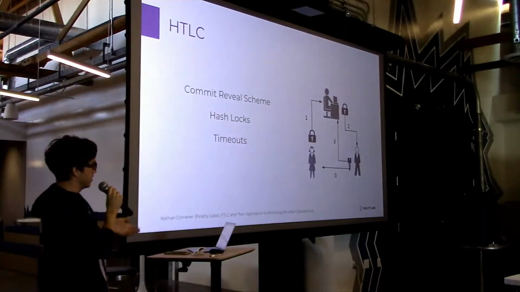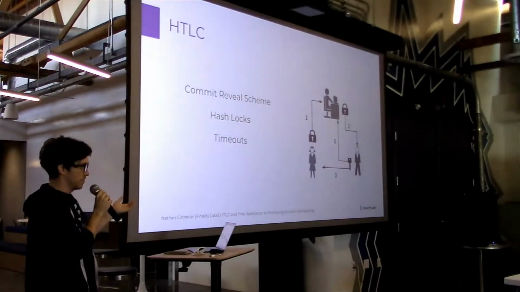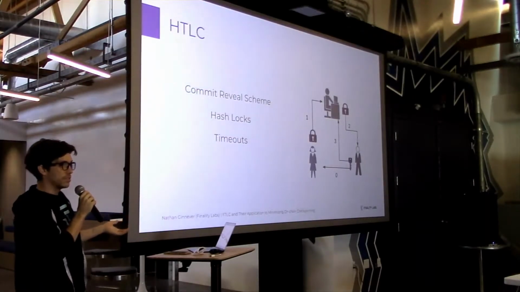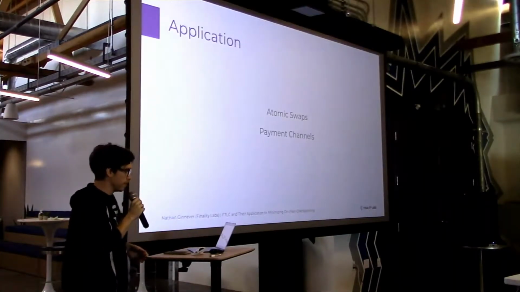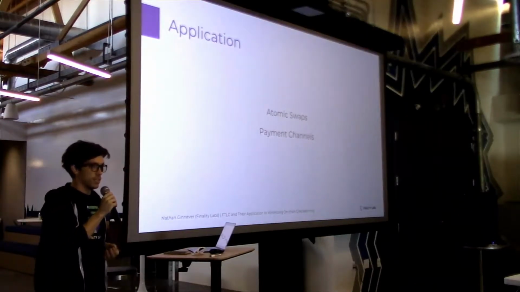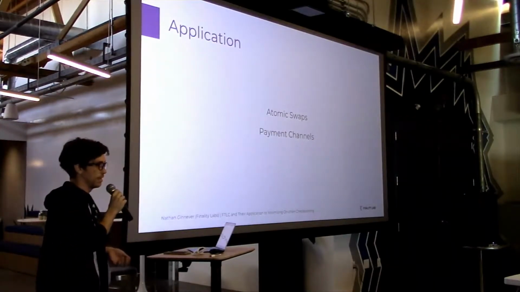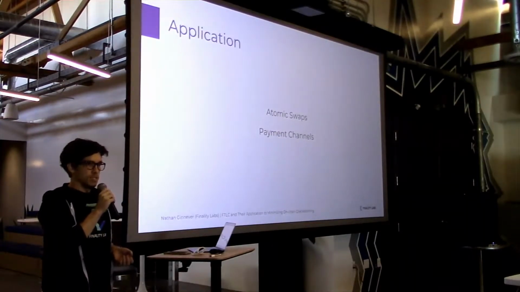So Bob's incentivized to reveal the secret to the intermediary so that he gets his funds, which then gives the intermediary the lock to get their funds back. And of course there's timeouts to that as well. So you can use this for a few things. You can use this for exchanges, decentralized atomic swaps, and of course payments if you want to route people, right?